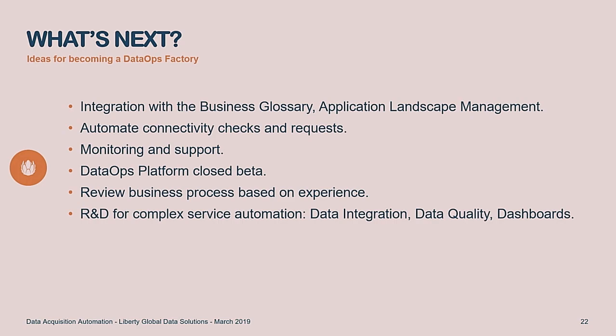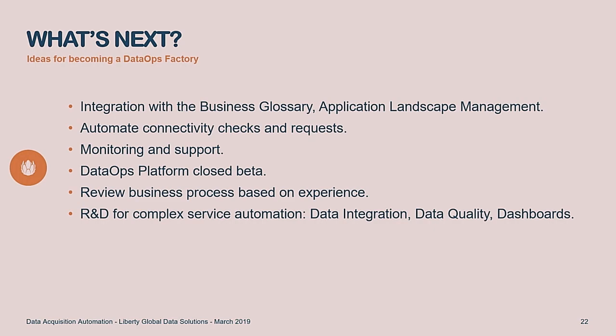We want to automate the connectivity checks and requests. So for instance, if this is a new source system, we don't connect to it yet. We want to be able to trigger that request automatically towards the network operations team. So this can be also seamless. Obviously, monitoring and support is one of the priorities, and then we want to start the closed beta stage.